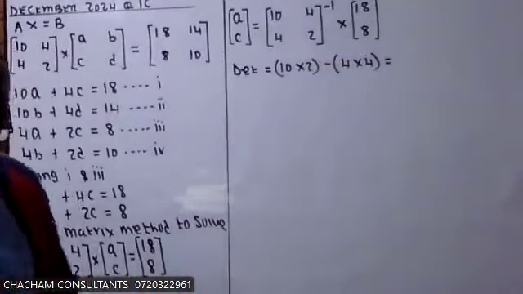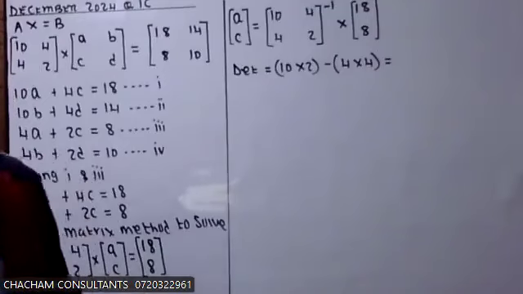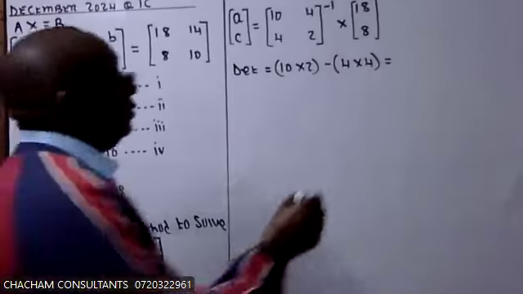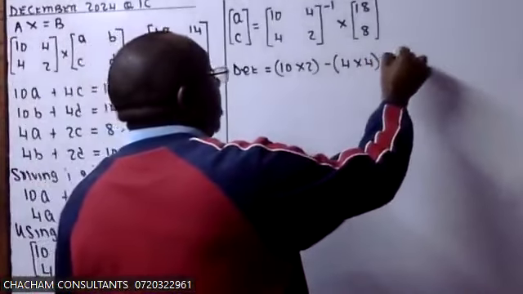So if you go to your calculator and say 10 times 2 minus 4 times 4, you get 4 as the determinant.